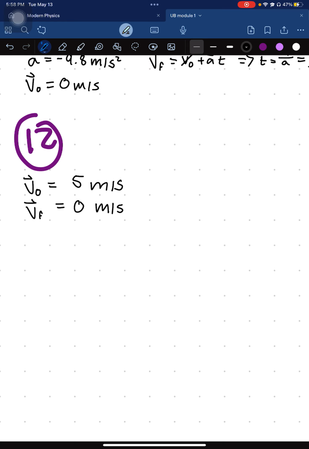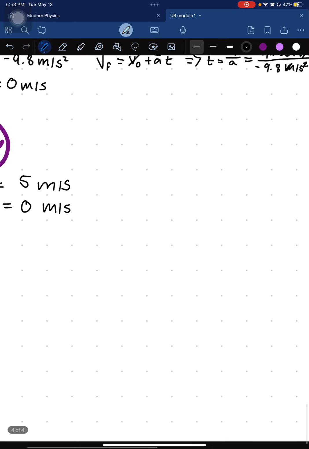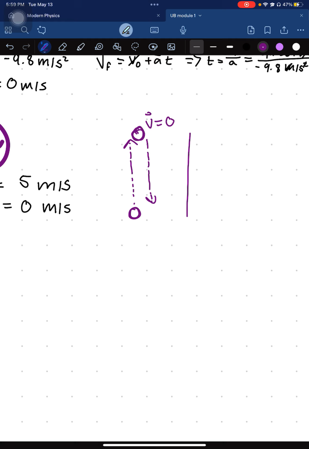And why is vf 0 meters per second? Because I'm going to do this in halves. I'm going to draw a little diagram. So say I have the ball here and I throw it up. Before it comes back down, it needs to stop. It's going to be up here with a v equal to 0, because as it's coming up, it can't instantaneously change directions.